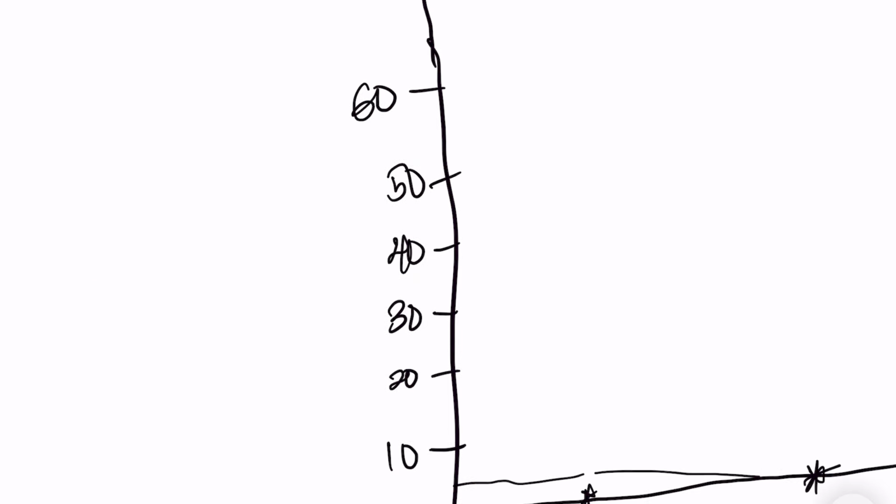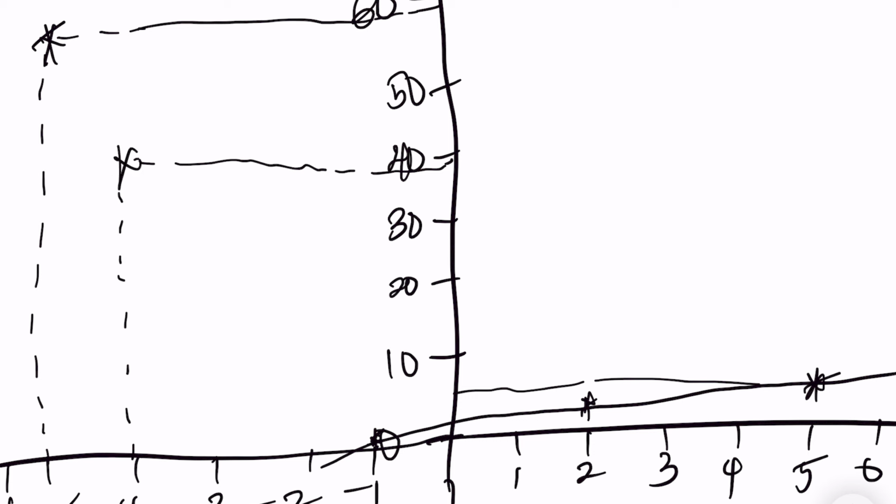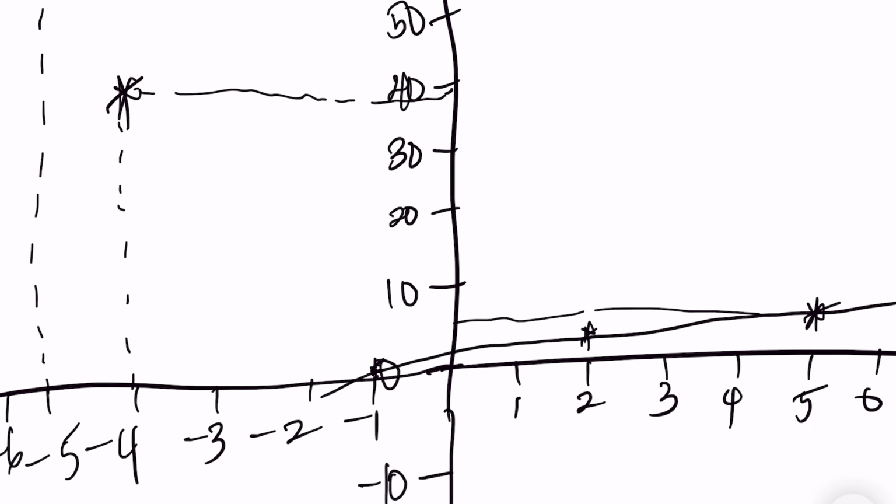Now, for the second one, where x is minus 5, we have it to be 59. Where x is minus 4, we have it to be 39. Where x is minus 3, we have it to be 23.